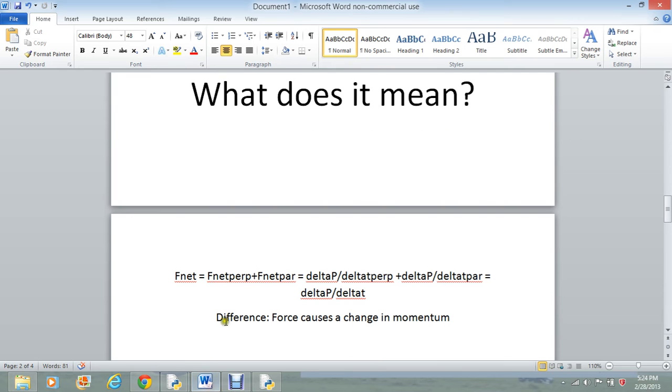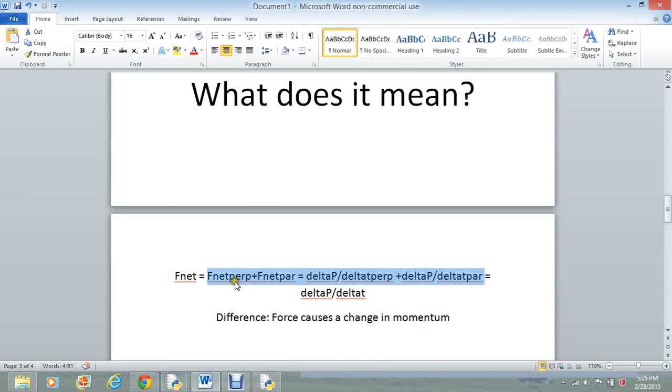They're similar because, just from the momentum principle, delta P over delta T is equal to Fnet, and similarly you can break Fnet into Fnet perpendicular plus Fnet parallel, and you can break delta P over delta T into delta P over delta T perpendicular and parallel. Since you can break both of these into perpendicular and parallel components, you can set the components equal to each other, like right here.